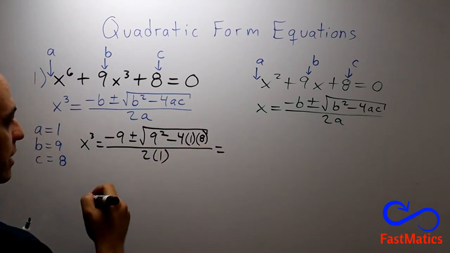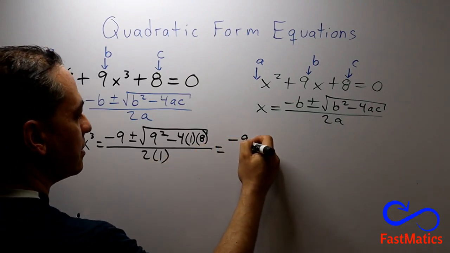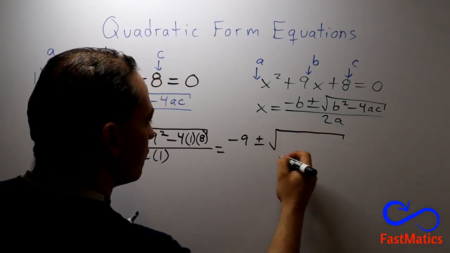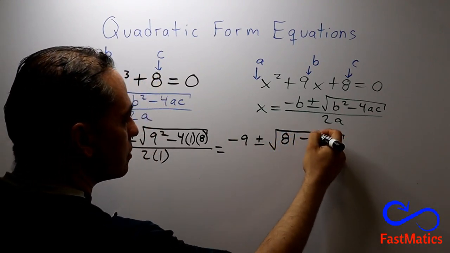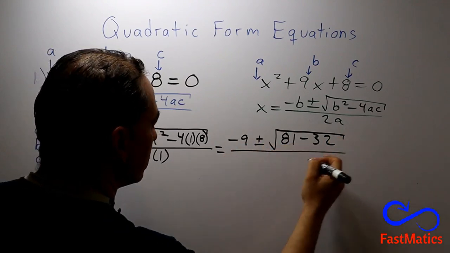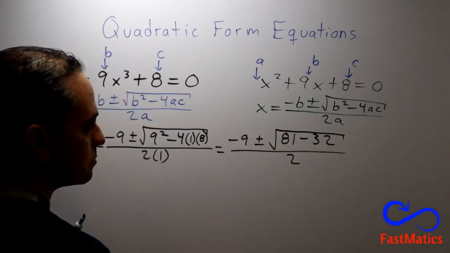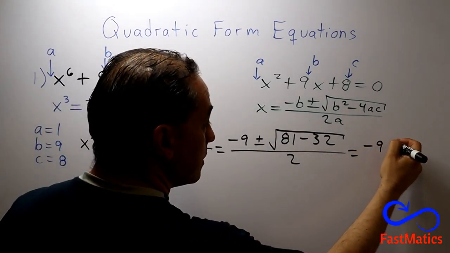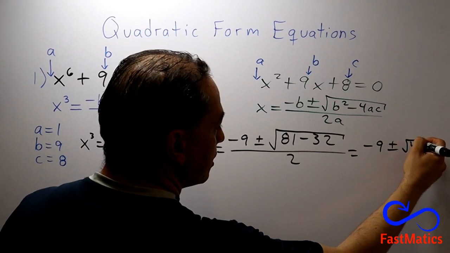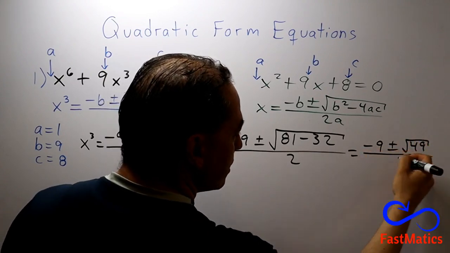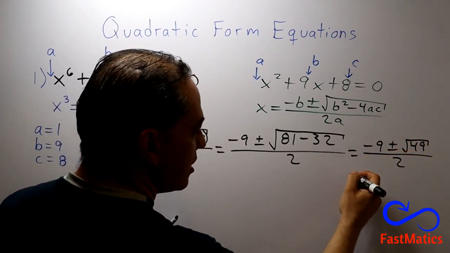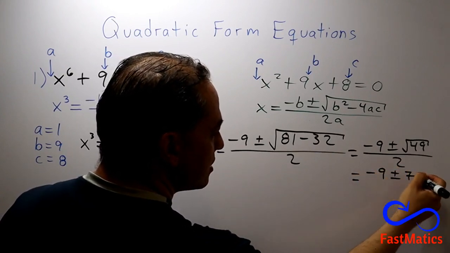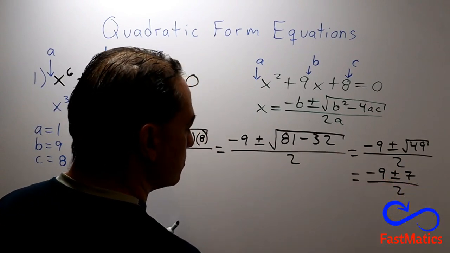After that, we calculate negative 9, plus or minus the square root of 81 minus 32, divided by 2 times 1, 2. And after that is negative 9, plus or minus the square root of 49 divided by 2. Then we have negative 9, plus or minus 7, divided by 2.